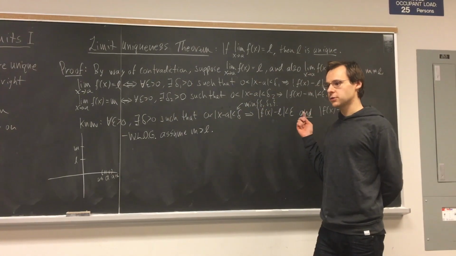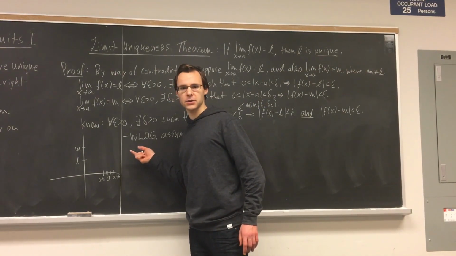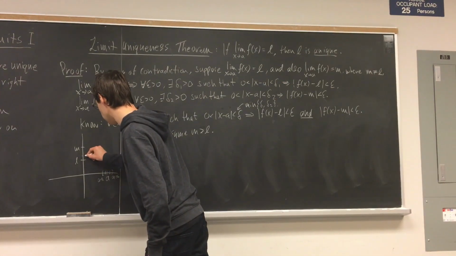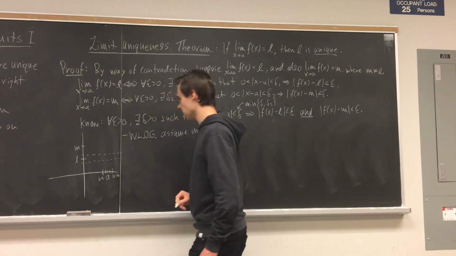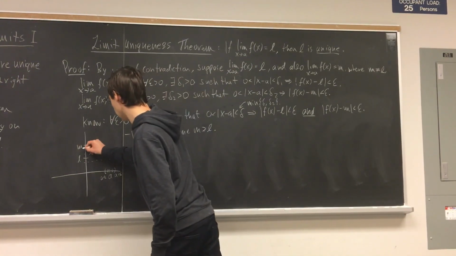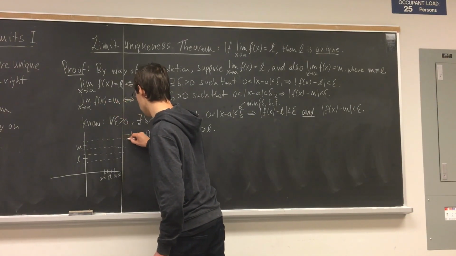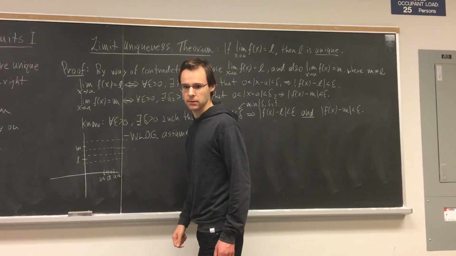So what we could do is choose an epsilon that's so small that the two bands will not intersect. So we're going to choose an epsilon such that when we put down our epsilon band around L, there's our epsilon band around L, and also our epsilon band around M, there it is right there, it's going to turn out that these bands are completely disjoint.